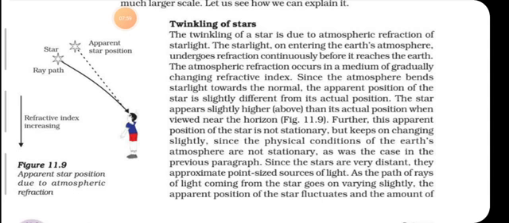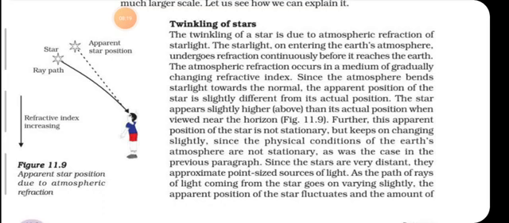This apparent position of the star is not stationary but keeps on changing slightly, since the physical conditions of the Earth's atmosphere are not stationary, as was the case in the previous example. Since the stars are very distant, they approximate point-sized sources of light.